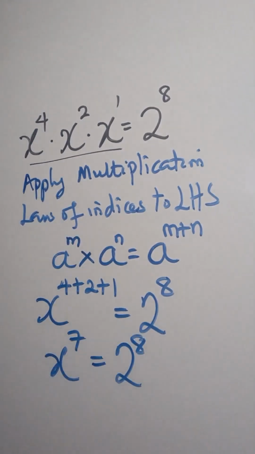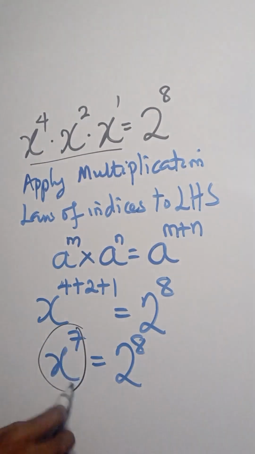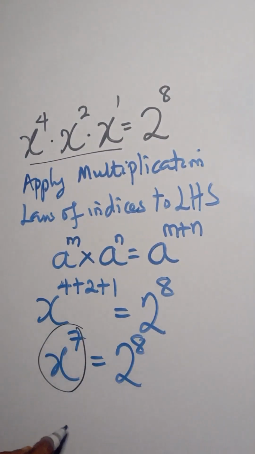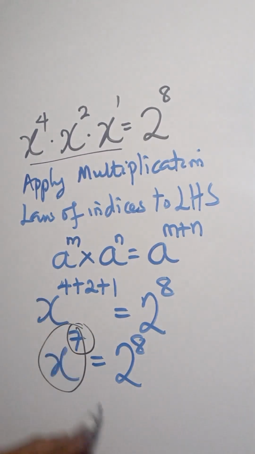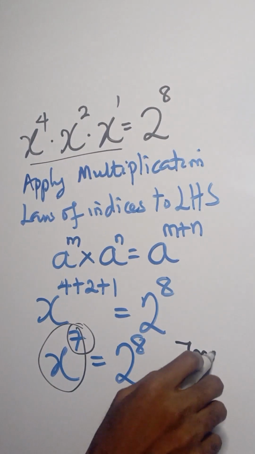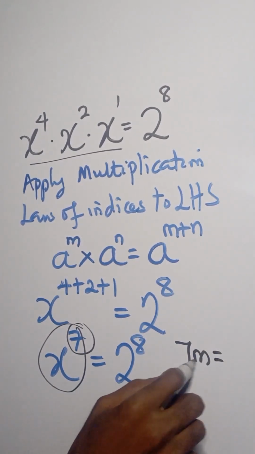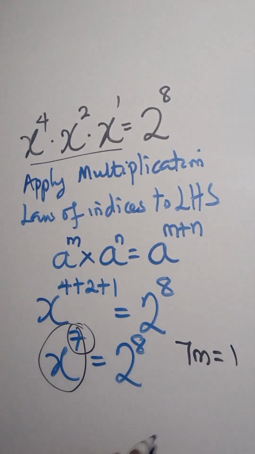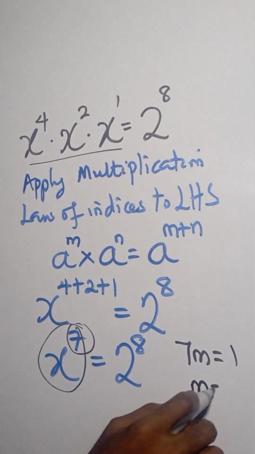Now the issue is, what do we multiply to this to have a power of 1? Because the question is we are looking for x. What do I multiply this 7 by? For instance, I can say if I have 7m, so if I multiply 7 by m, I will get 1. So m will be what?